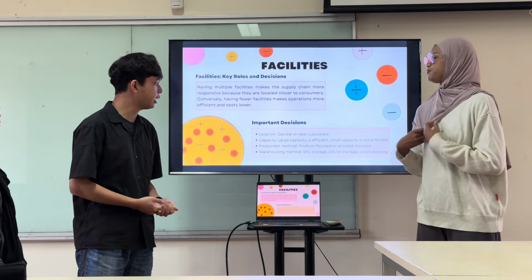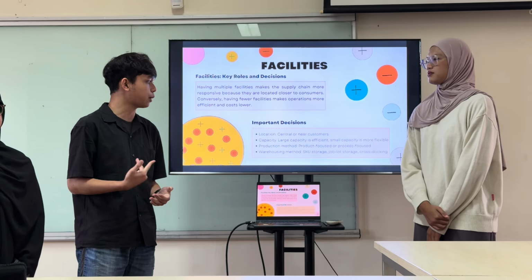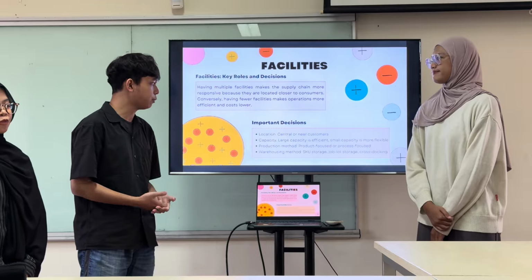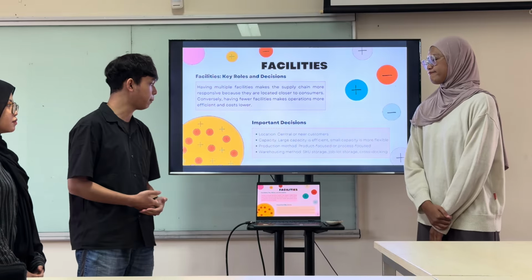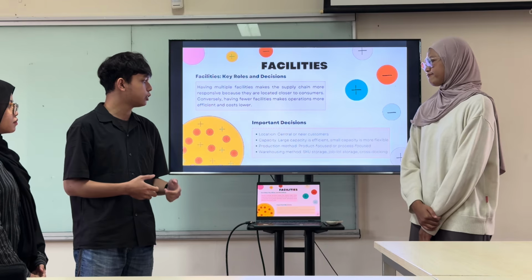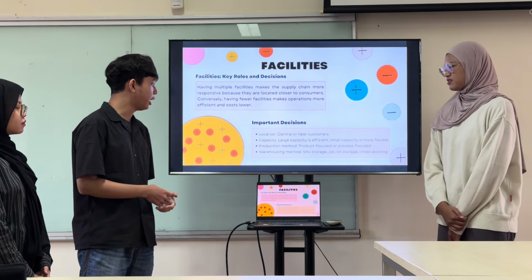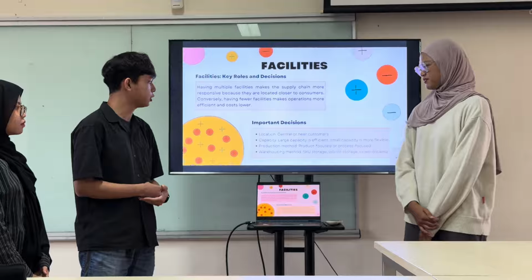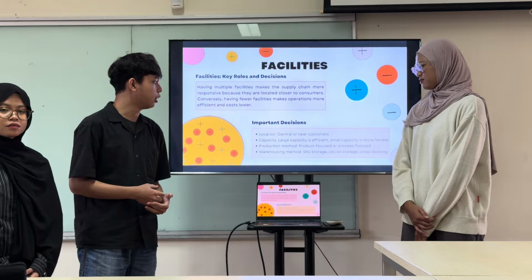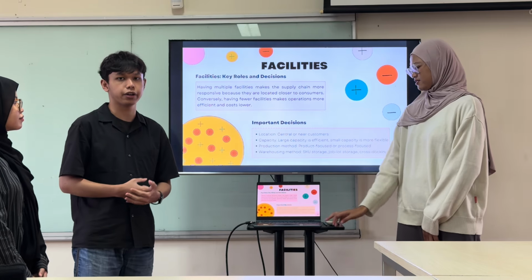The second is capacity: large capacity is efficient, but small capacity is more flexible. And then production method, so product focus or process focus. And then the last is warehousing method, so SKU storage, job lot storage, and cross-docking.